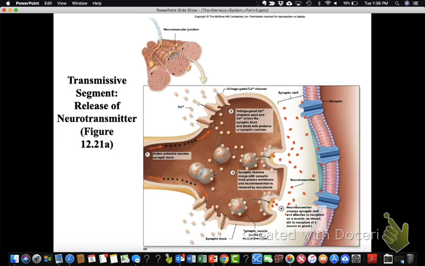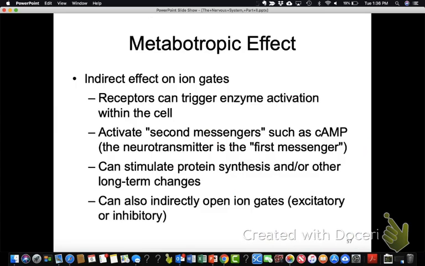Calcium triggers exocytosis of the neurotransmitter out to the synaptic cleft, and then calcium pumps will pretty quickly pump that calcium back into storage and stop that process. But once the neurotransmitter is secreted into the synaptic cleft, it's going to bind to and directly open some ion channels.